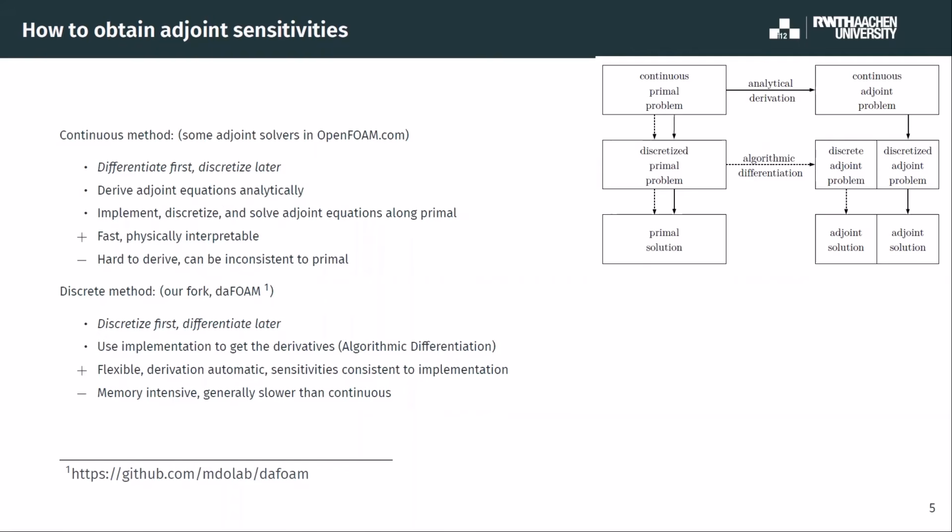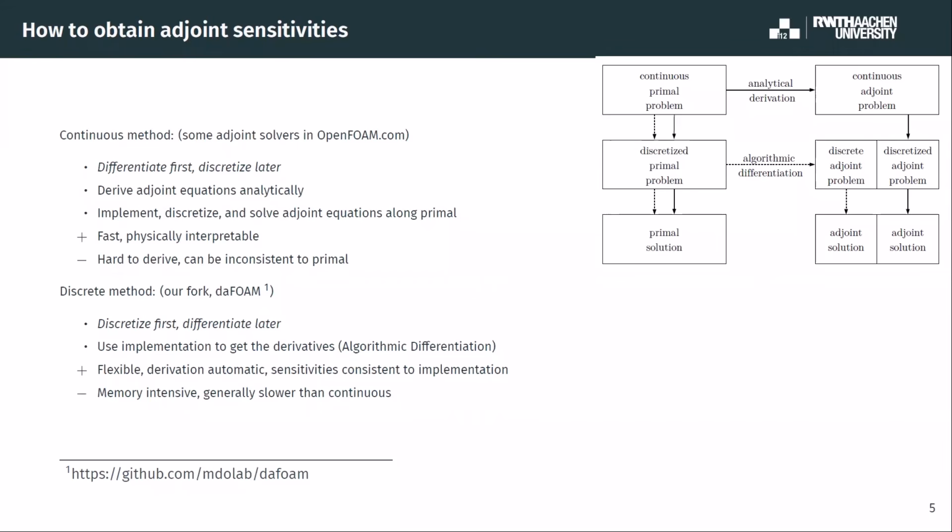And then on the other side, there's the computer scientist approach to do automatic differentiation, which we do in our fork, and also what DAFoam does by Professor Martins' group, which is a discretize-first and then differentiate on this discretization approach. The advantage is it's pretty flexible, it's automatic, and the derivatives you get are consistent with the implementation.